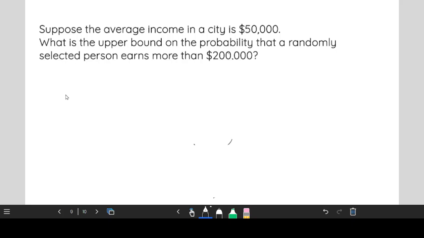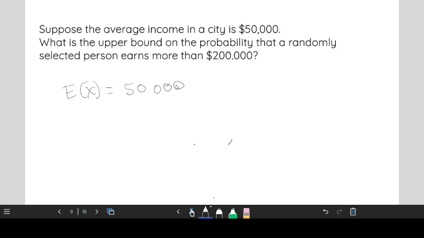Suppose we have the average income in a city to be $50,000. What is the upper bound on the probability that a randomly selected person earns more than 200,000? So from the question, we have the expectation of x to be equal to 50,000.